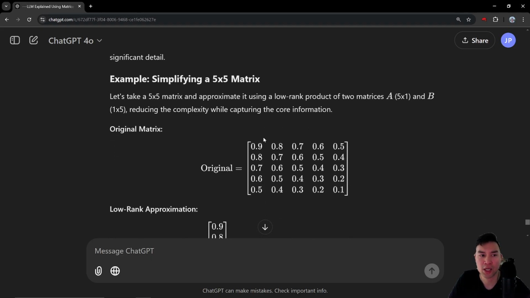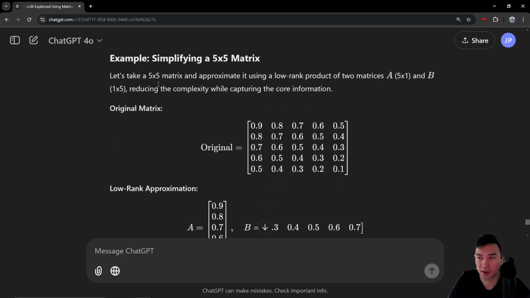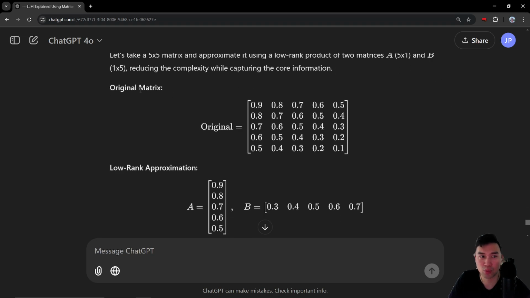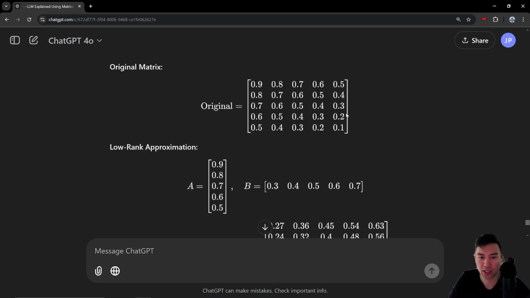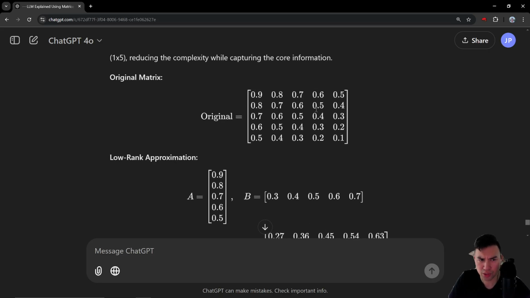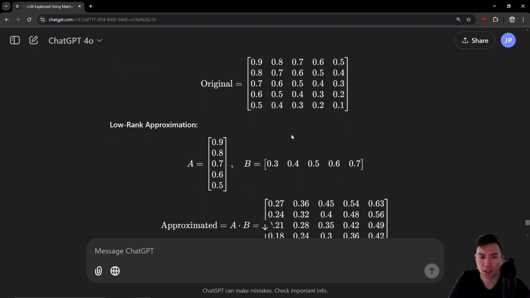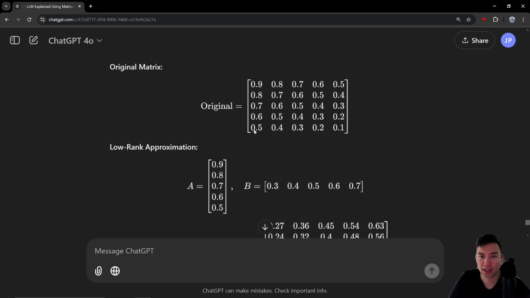significant detail. So let's take a peek at the 5x5 matrix and approximate it using low-rank products of matrices A, which is a 5x1 matrix, and B, which is a 1x5 matrix. This is pretty much what we're injecting into the large language model of 8 billion parameters. This is the original matrix that we want to inject to modify the weights.